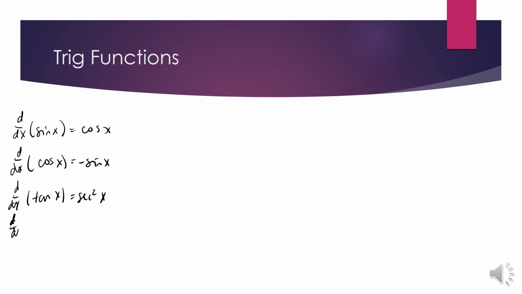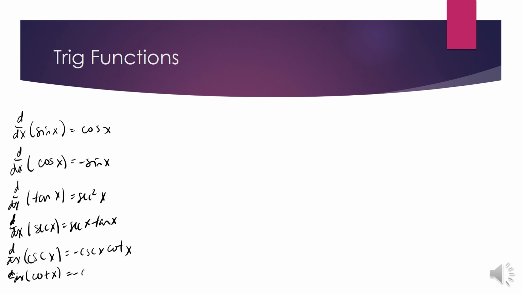We know that the derivative of secant is secant x tangent x. We know that the derivative of cosecant is negative cosecant cotangent. And I know that the derivative of cotangent is negative cosecant squared.